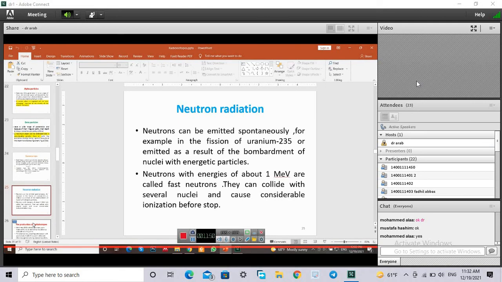It can be stopped by a piece of paper, and its range can be nearly a micrometer.